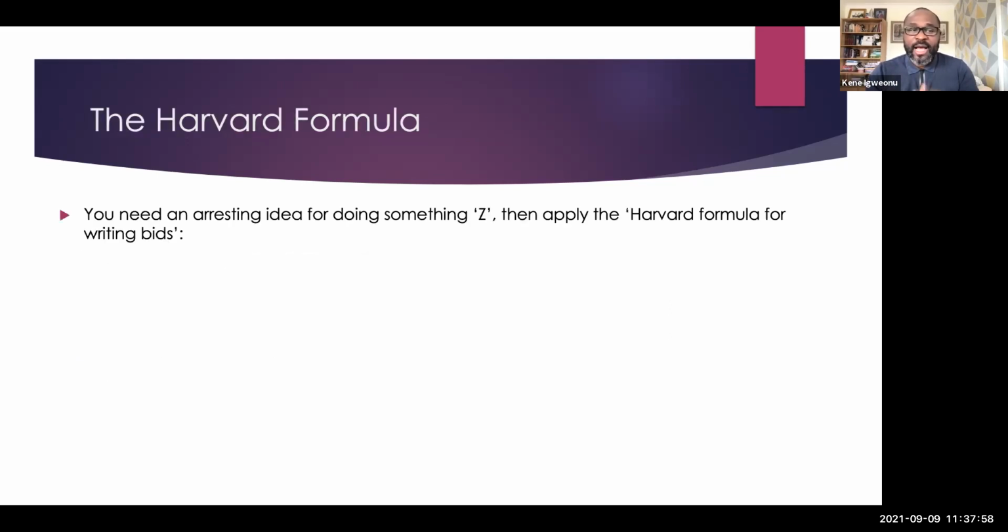And just to end, this is a formula that I found really, incredibly useful, that sums up everything I've said in terms of how to frame your proposal. You need an arresting idea for doing Z. Z is what the funders want to fund, and what you want to address with your research. So you need an arresting, very captivating idea in order to do something, and that something is Z. Then you apply the Harvard formula for writing the bid.